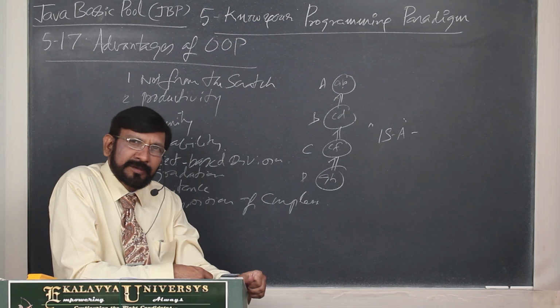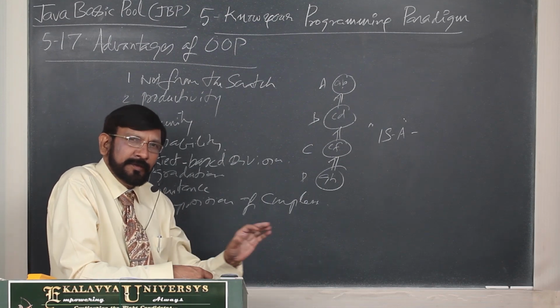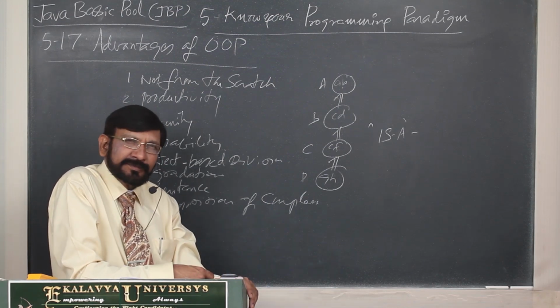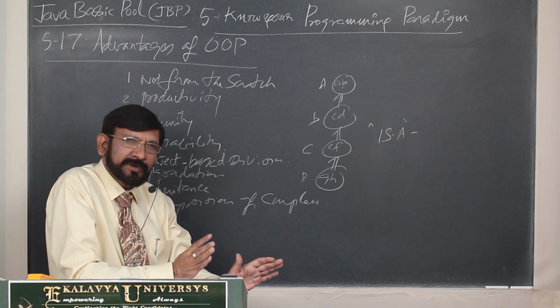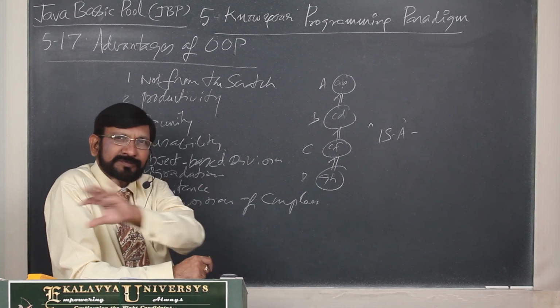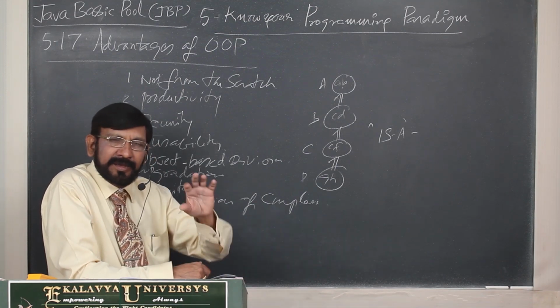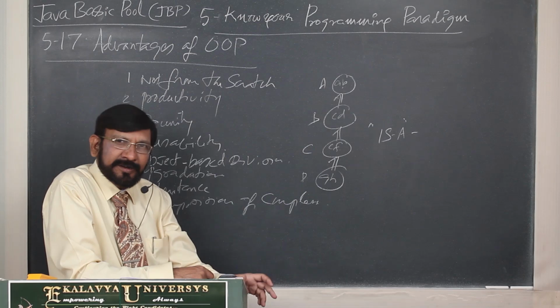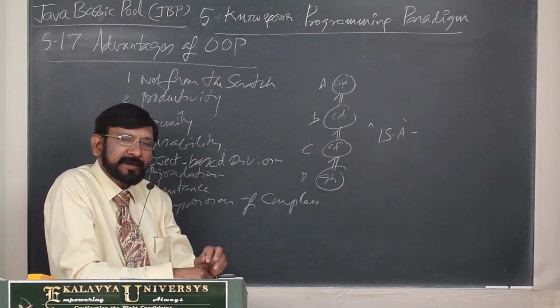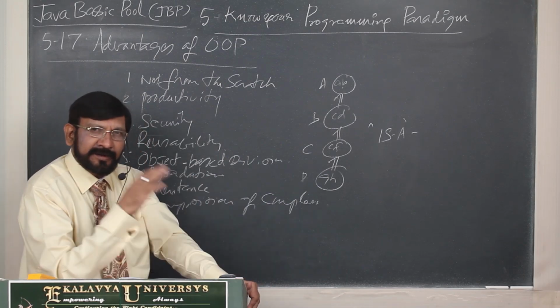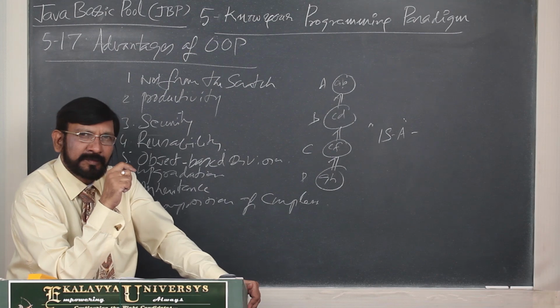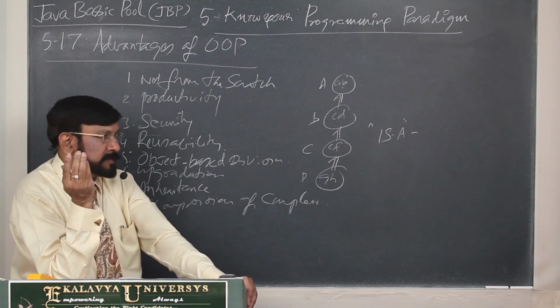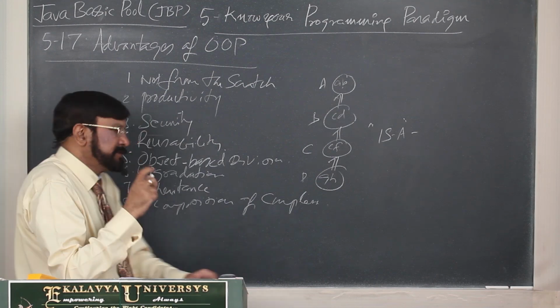So in object orientation, any complex project can be decomposed into objects, and every object you can understand individually, and by that the analysis, the understanding and defining of the problem, even a complex problem, becomes very easy.